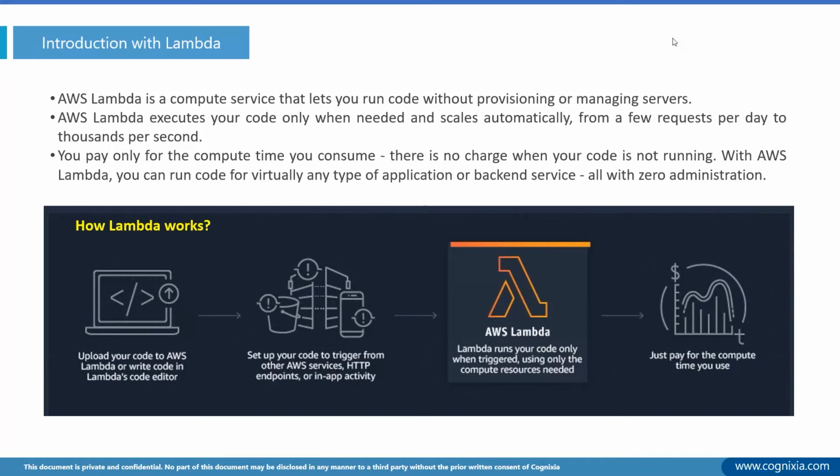When you run a serverless application, you get the benefit of not worrying about the operating system setup, the patching management, or the scaling of servers that you would have to consider when you run your applications on physical servers. A serverless application or platform has 4 main characteristics. Number 1, no server management is required in Lambda. Number 2, you do not require any EC2 instance.